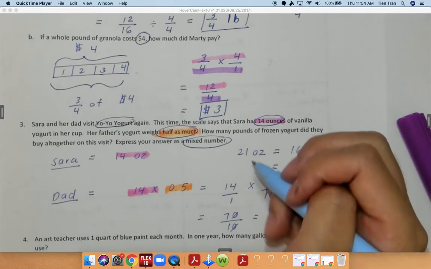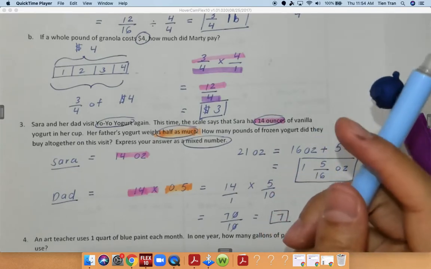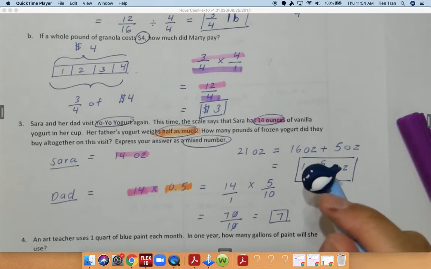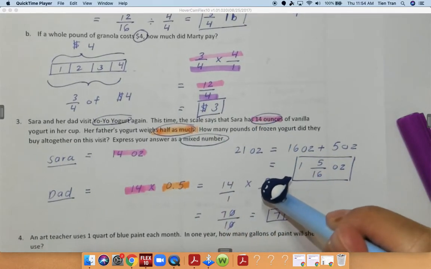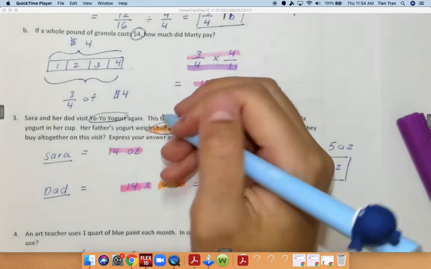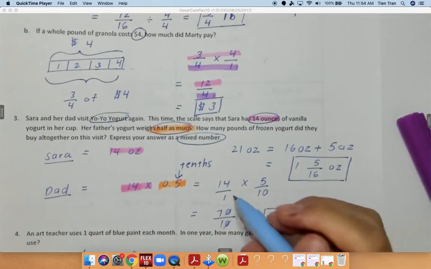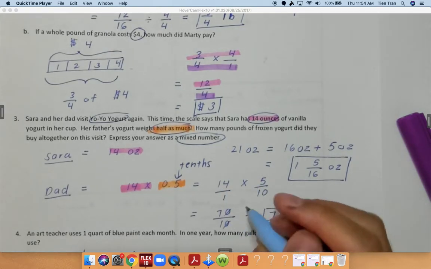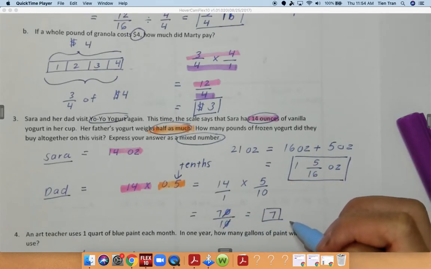So now I'm going to multiply 14 times 5/10, because the 5 is in the tens place, and that's why I'm writing 5/10. So 14 times 5 is equal to 70, and 1 times 10 is 10. You can cross off the zeros. 7 divided by 1 is equal to 7.